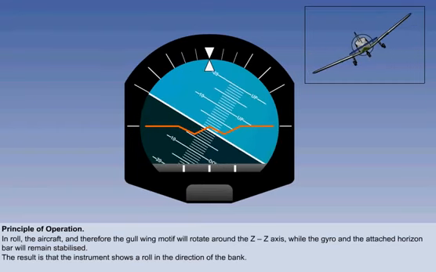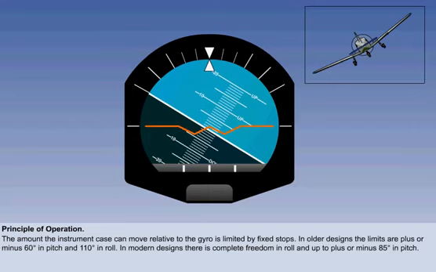The amount the instrument case can move relative to the gyro is limited by fixed stops to prevent internal damage. In older designs, the limits are plus or minus 60 degrees in pitch and 110 degrees in roll. In modern designs, there is complete freedom in roll, and up to plus or minus 85 degrees in pitch.